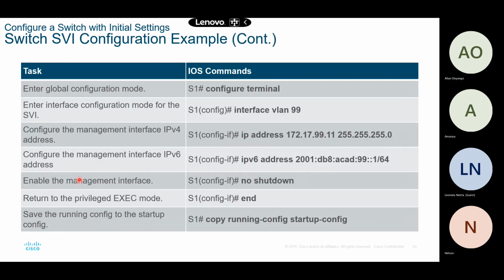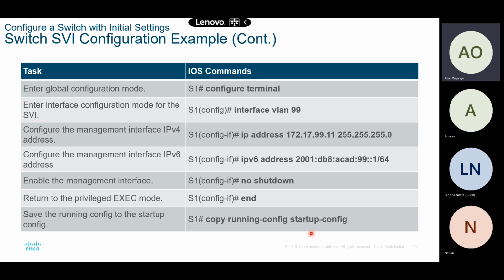All right. Now, we do have this basic SVI configuration found on the switch. We go to configure terminal, go to interface VLAN 99, give it an IP address, give it IPv6, activate it using no shutdown, and command end takes you to the privilege exec mode, and then you put the command for saving your work.